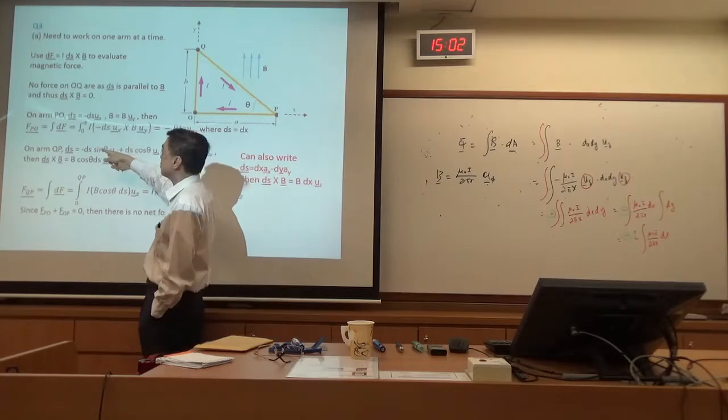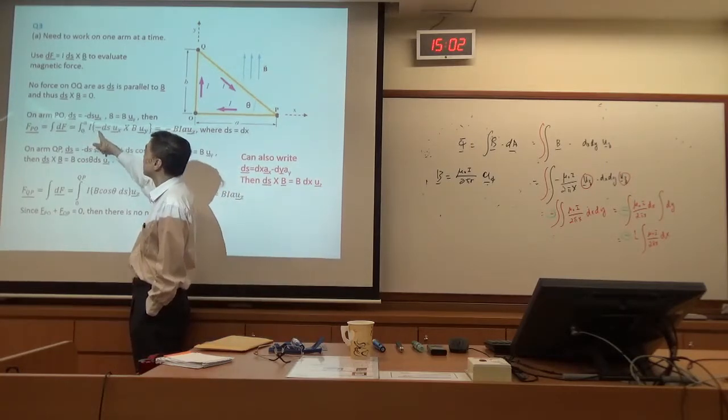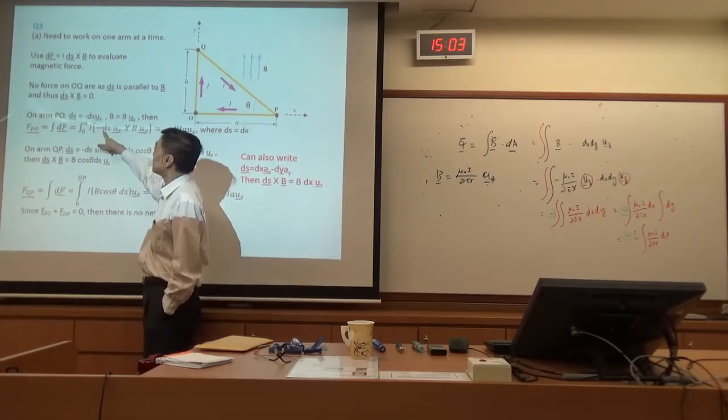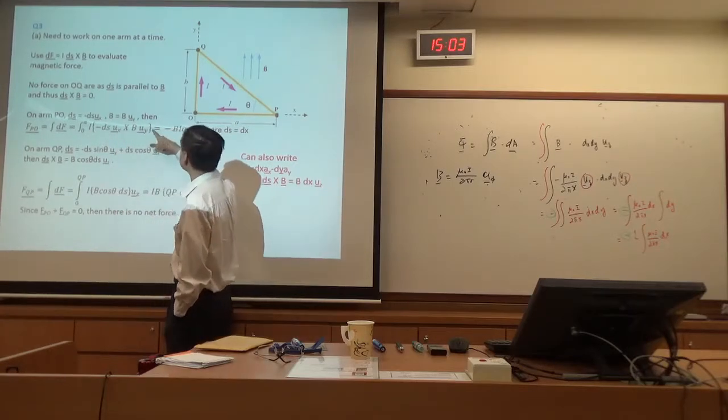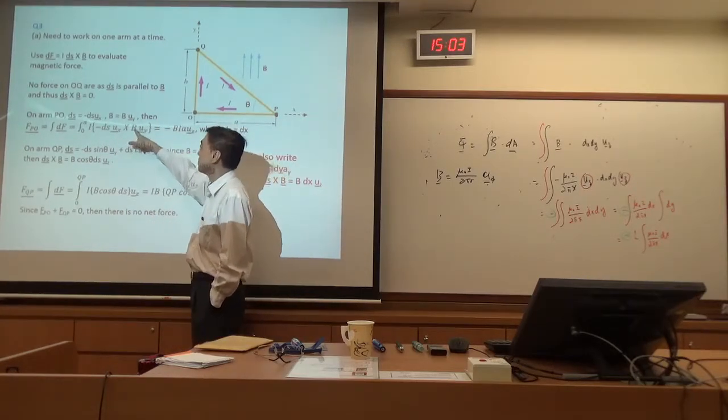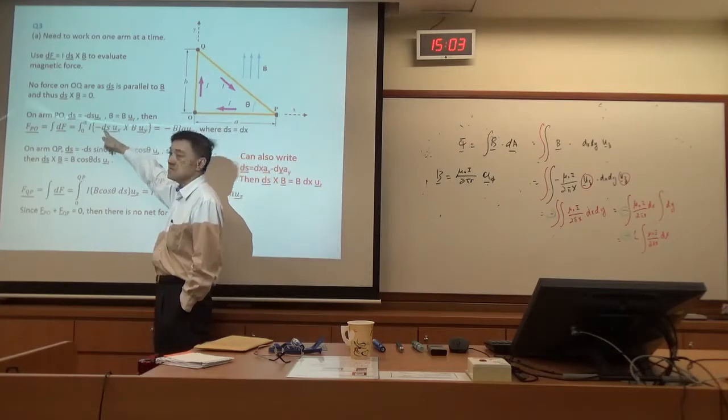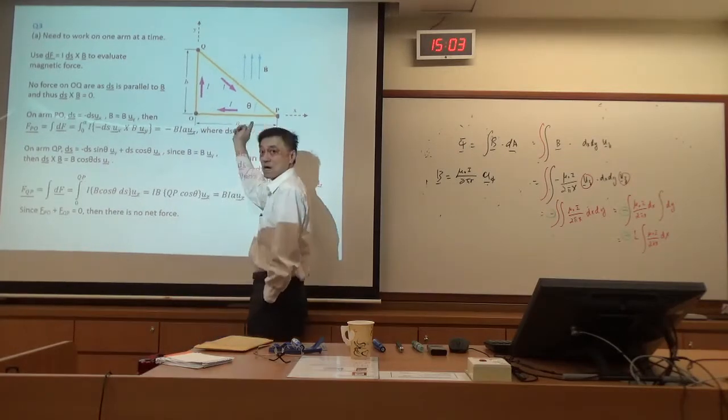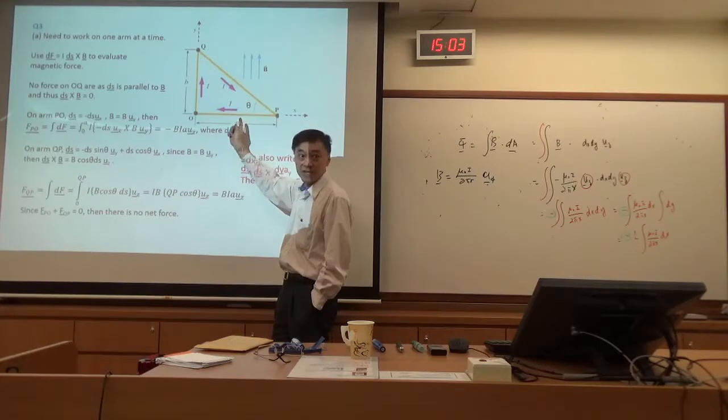Then F is equal to I, minus ds ux, cross B uy. Now this ds along here is also dx, right?